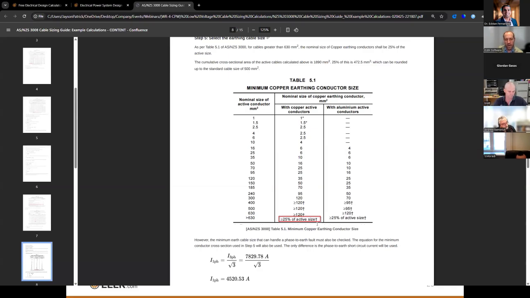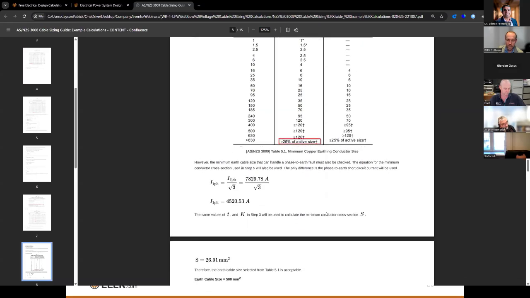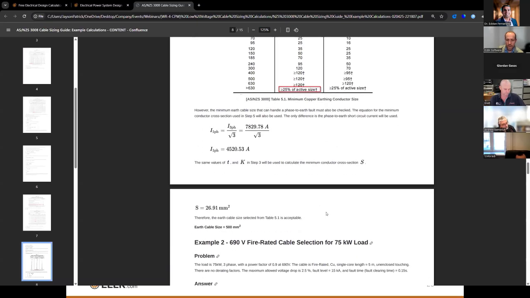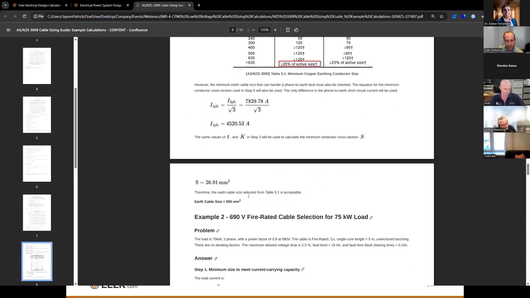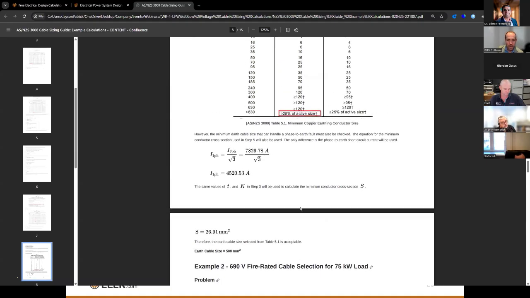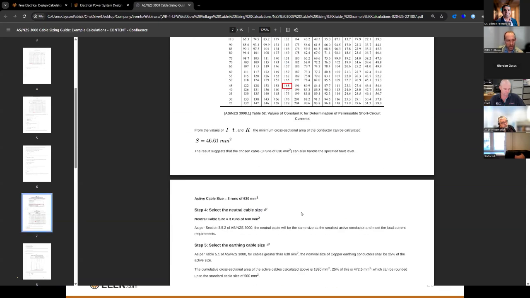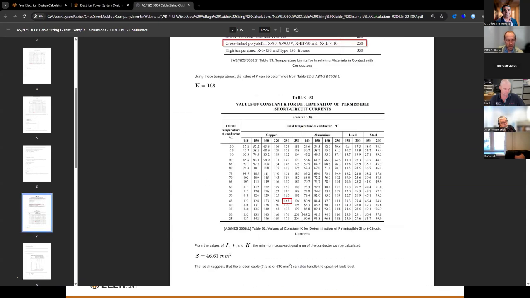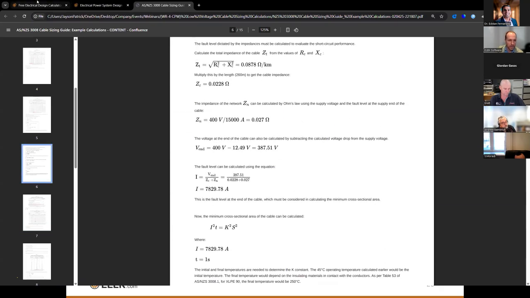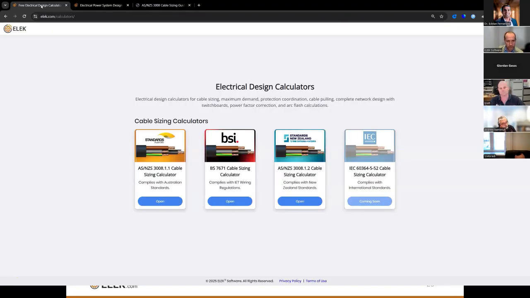So we need an earth cable size of at least 25% times 3 times 630. But we do also need to check the short circuit rating of the earth cable. So in a nutshell, that's how you do it by hand. But how do you do it using software?